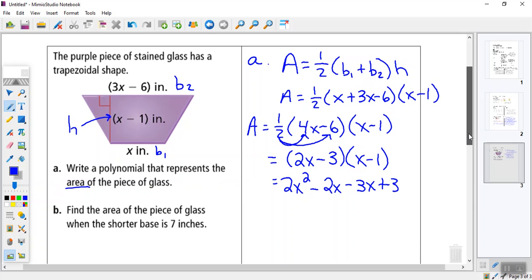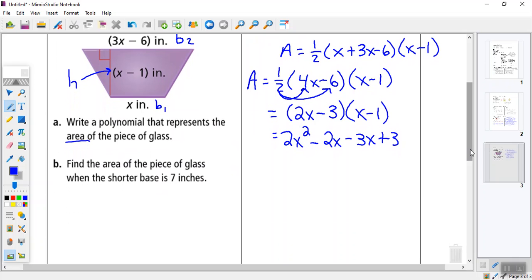So part A, we're almost done here, kids. Any terms I can combine from where we're at after I've gotten rid of those parentheses? Yep, negative 2x and negative 3x combine. So 2x squared minus what? 5x, good. Plus 3 is the area expression for this right here, okay?